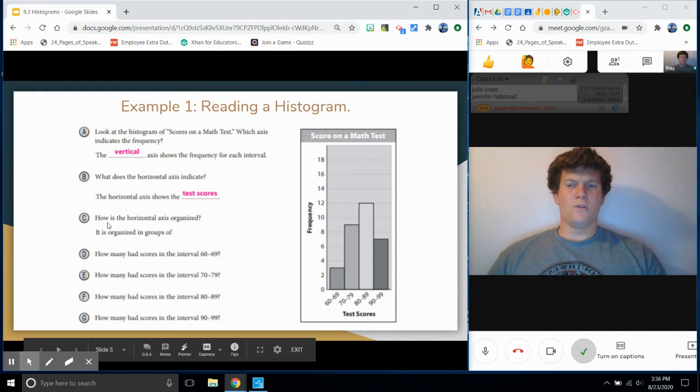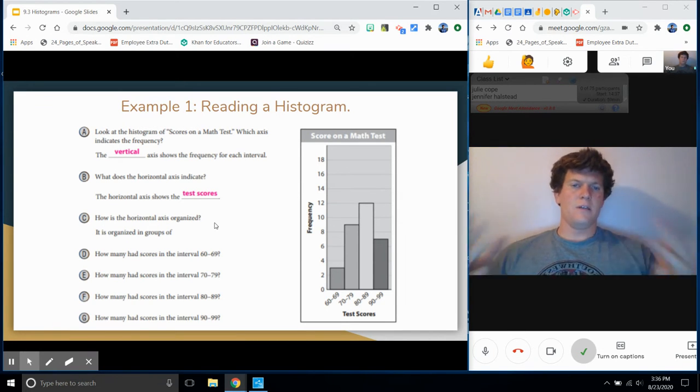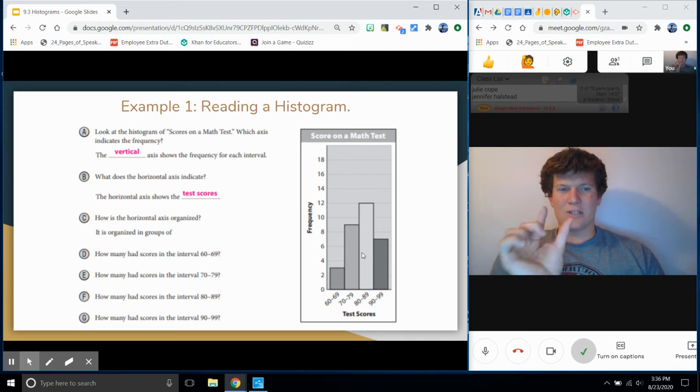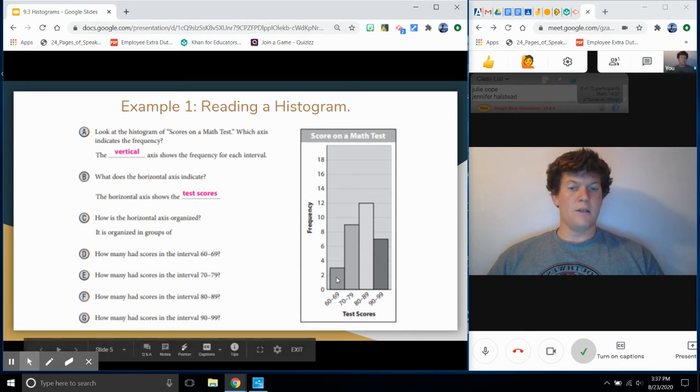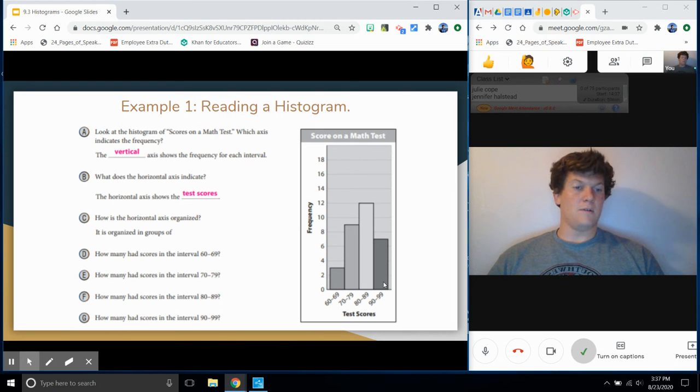Now, part C is crucial. How is the horizontal axis organized? It's crucial because this is kind of the big thing with histograms. Histograms are not only bar graphs, they're bar graphs in certain intervals. And you have to be very careful about what those intervals are. Now, for this class, with all of these different scores on a test, clearly they ranged from D's to A's.